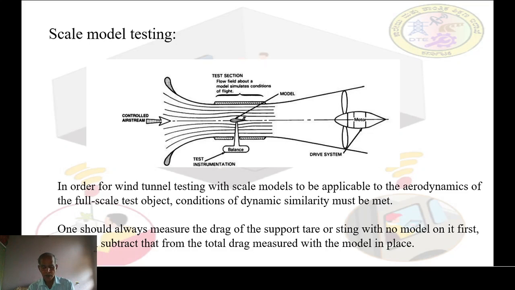Other issues students should be aware of include the possible aerodynamic interference between the support structure and the model.